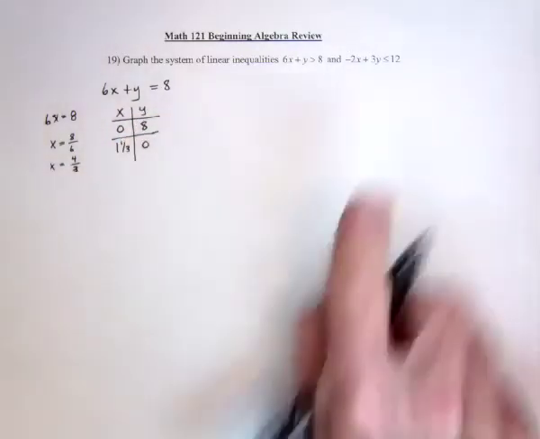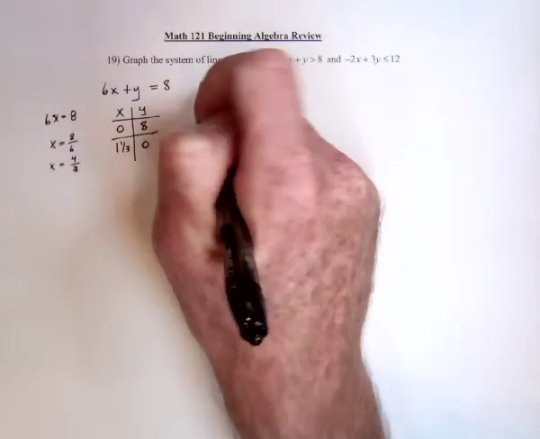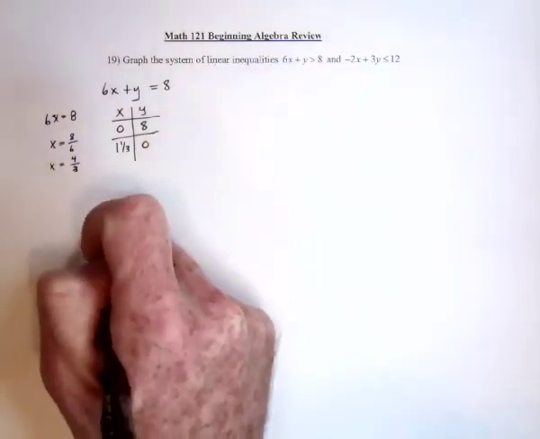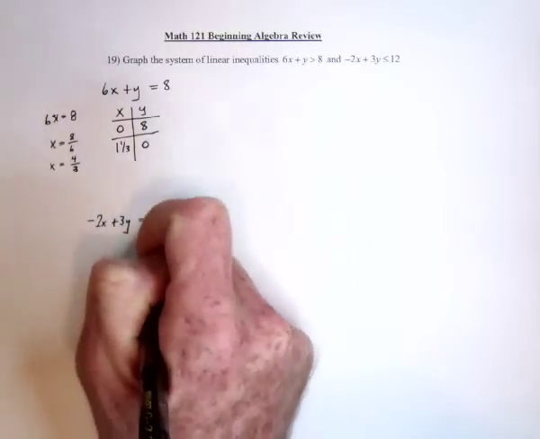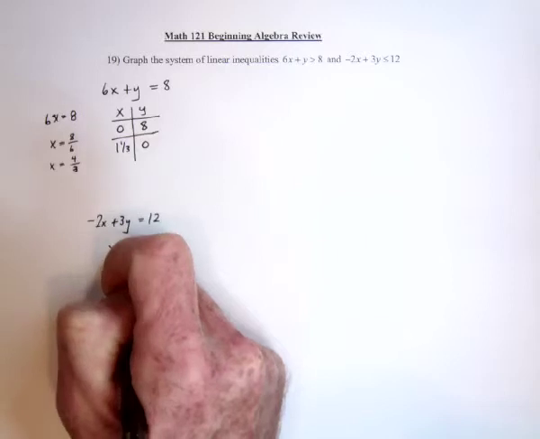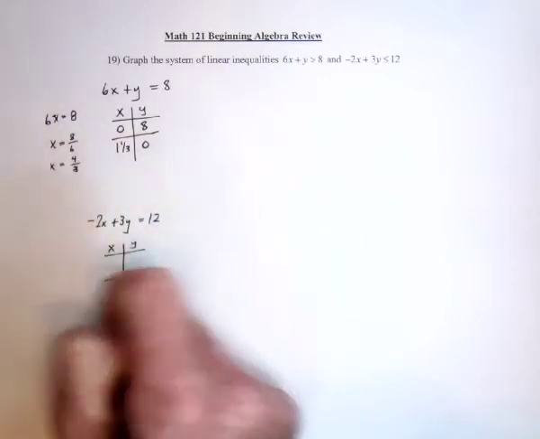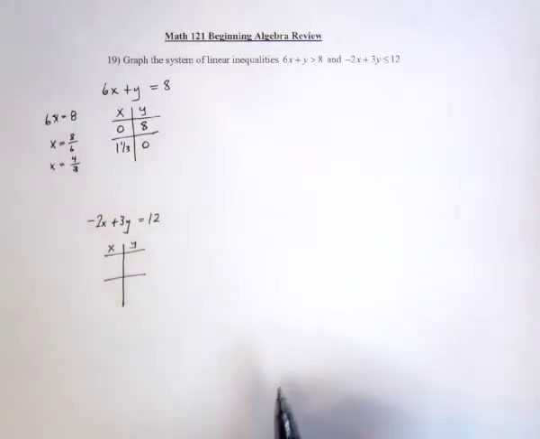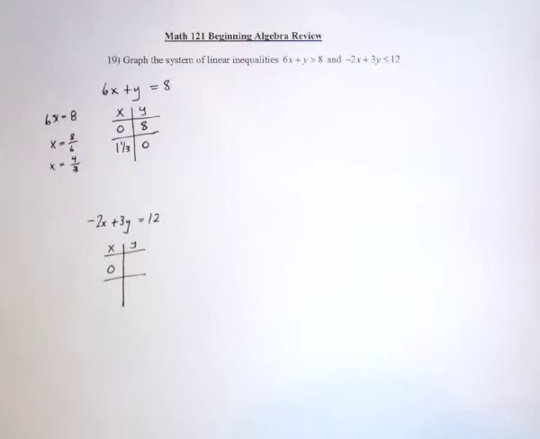All right, now we do the same thing for this one over here. So let's just put it on the side. Negative 2x plus 3y is equal to 12. Again, a little table of values here. So if I let x equal 0, then this term right here would disappear.